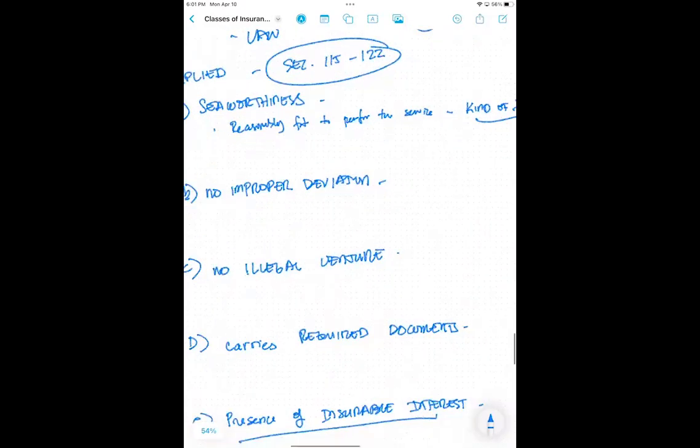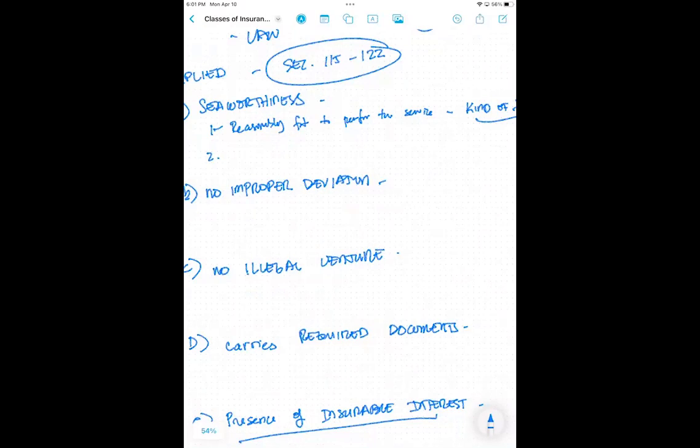Because that is part of seaworthiness, okay? And the ship must be able to encounter the ordinary perils, yung mga perils of the ship na tinatawag, okay?